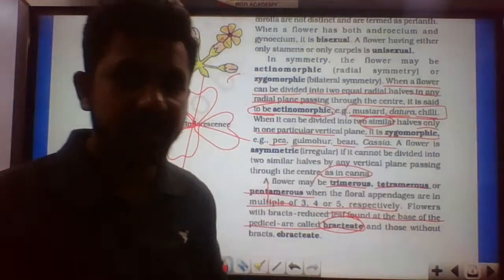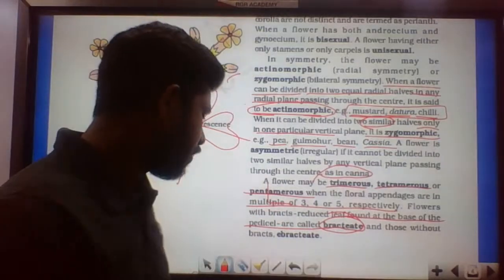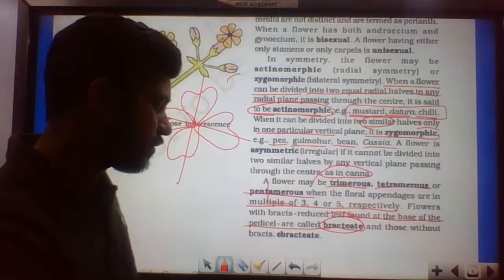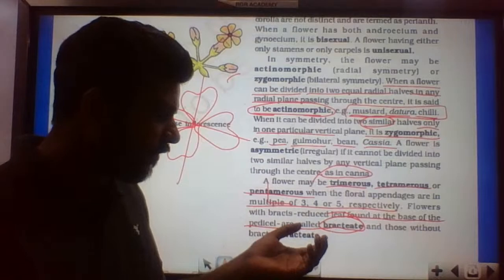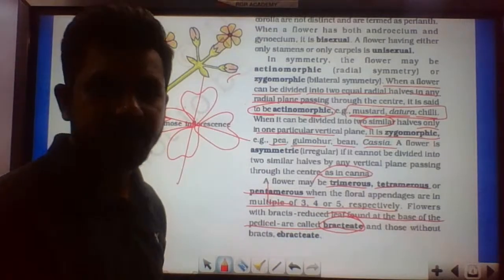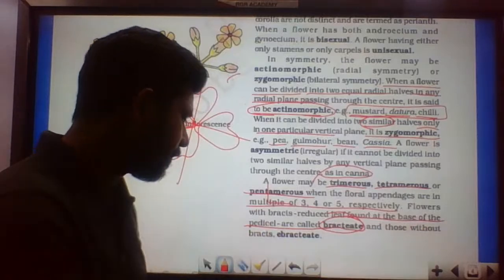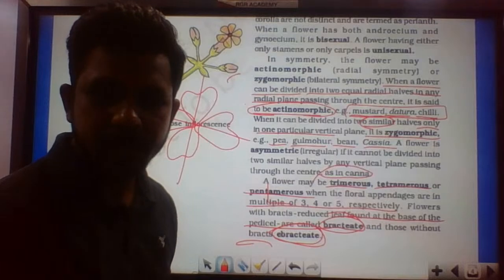That is another important characteristic feature of flowers. Those without bracts are called ebracteate. Okay, right.